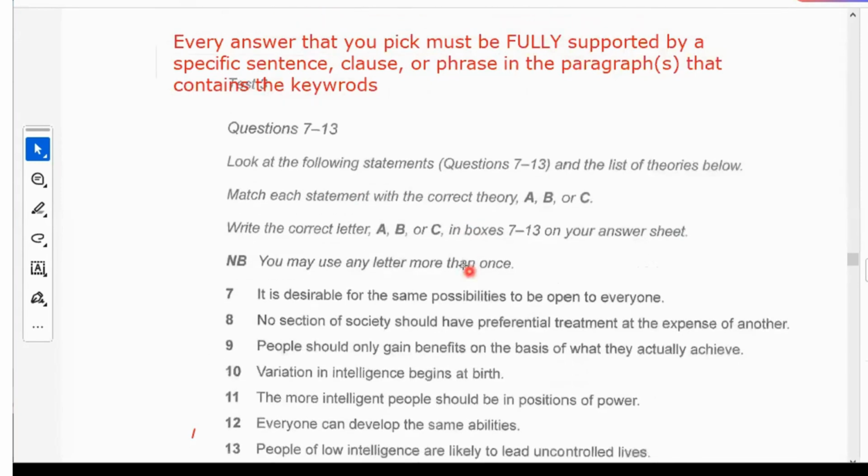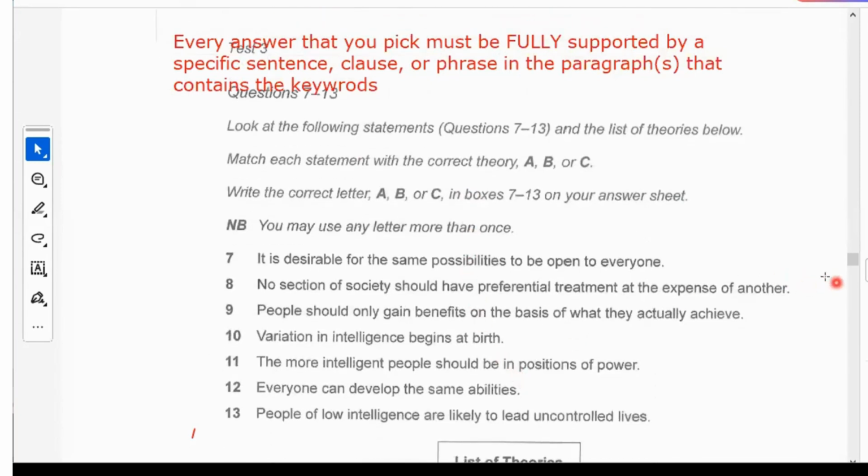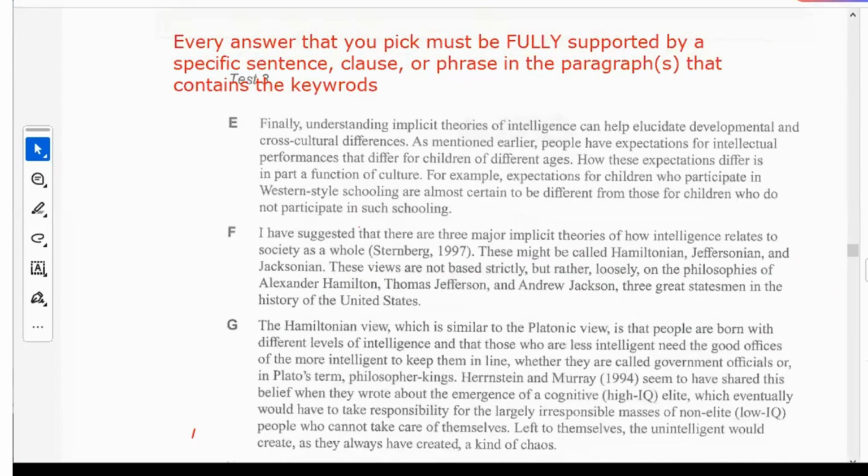That's Jacksonian. So that's pointing at statement number 8: no section of society should have preferential treatment at the expense of another. That's sounding like what I just read now, that all people are equal. So nobody should be preferred over another. So number 8 can be matched to C. Then let me move on.